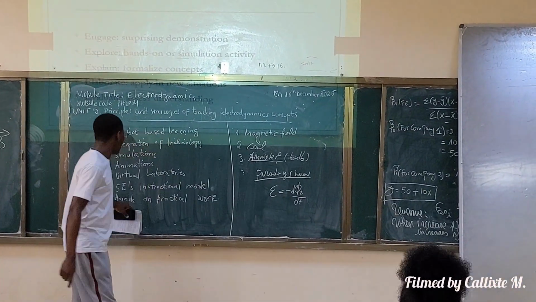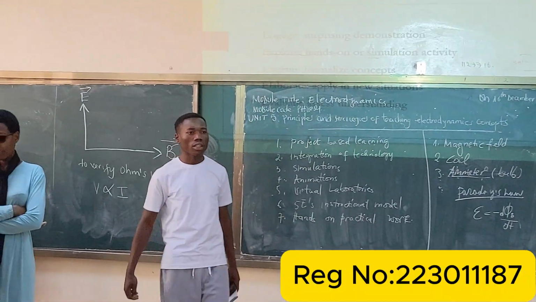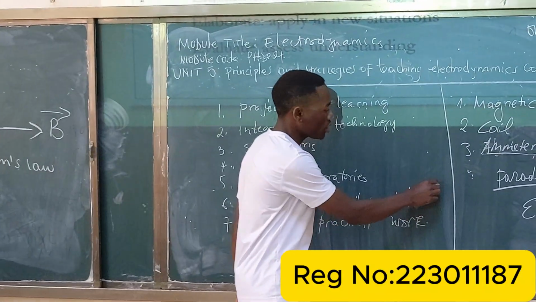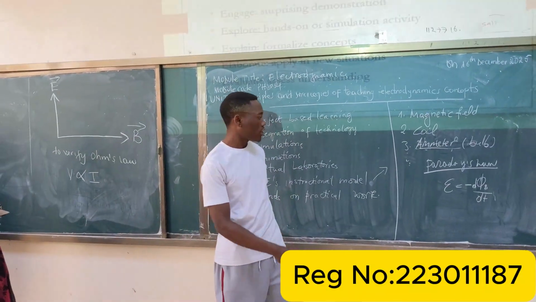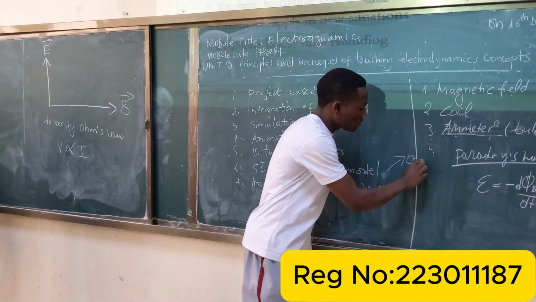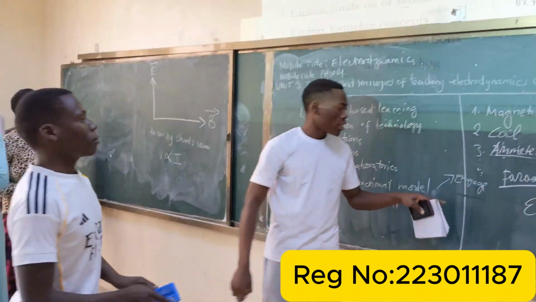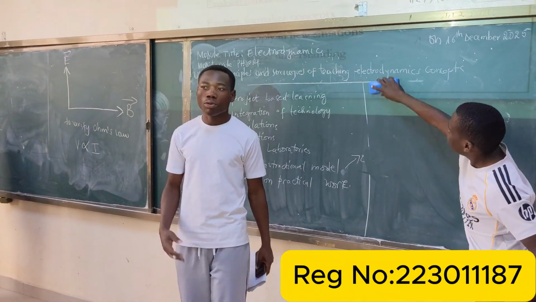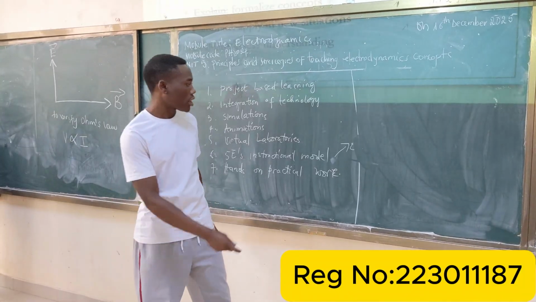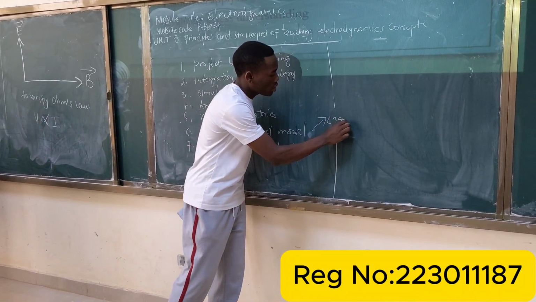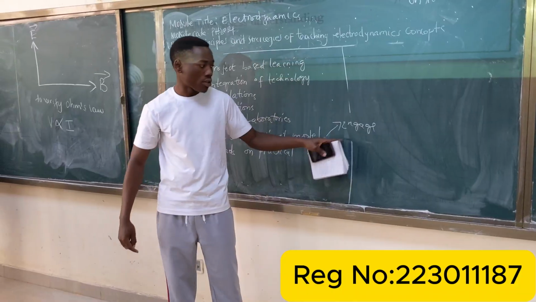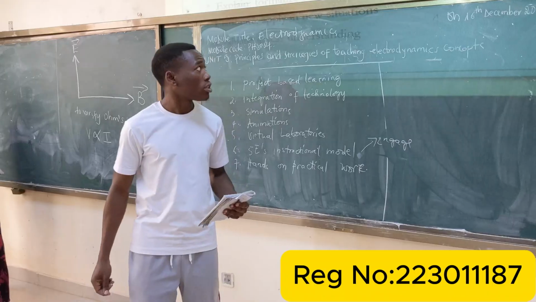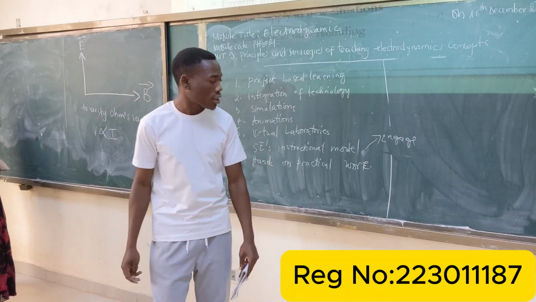As usual, we have the 5E structural model as another strategy, and it is also familiar. The first one is engage. In engage, the teacher surprises students through demonstration, for example when teaching electrodynamics.